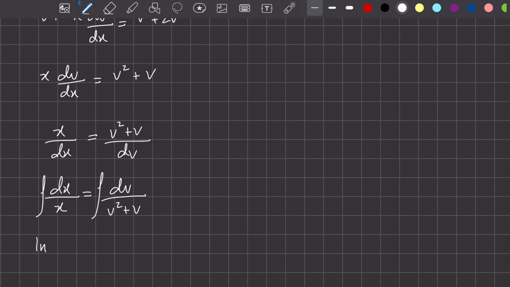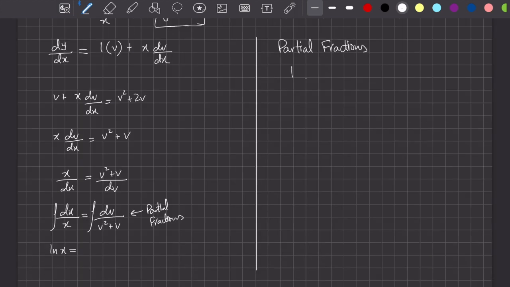The left side is ln x, whereas the right side seems like we need to use partial fractions. Let 1 over v times v plus 1 equal a over v plus b over v plus 1. Multiply both sides by v times v plus 1, giving 1 equals a times v plus 1 plus b times v.